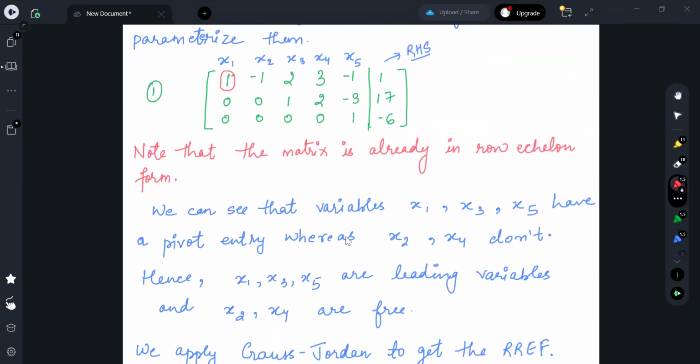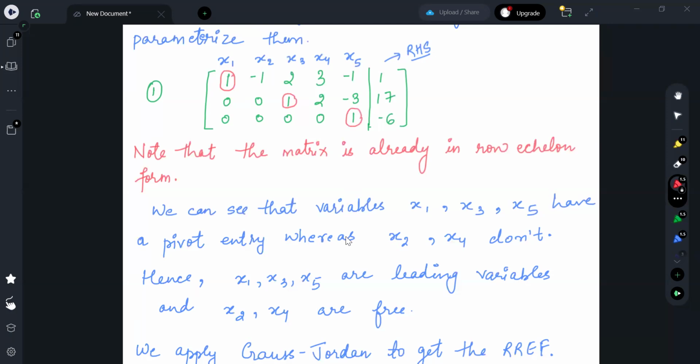When I move on to x2, it doesn't have a pivot entry. It has a 0. And then I go to x3 and look, x3 has a non-zero entry. Then I move on to x4, it doesn't have a pivot. It has a 0 entry. Then I go to x5 and it has a non-zero 1.